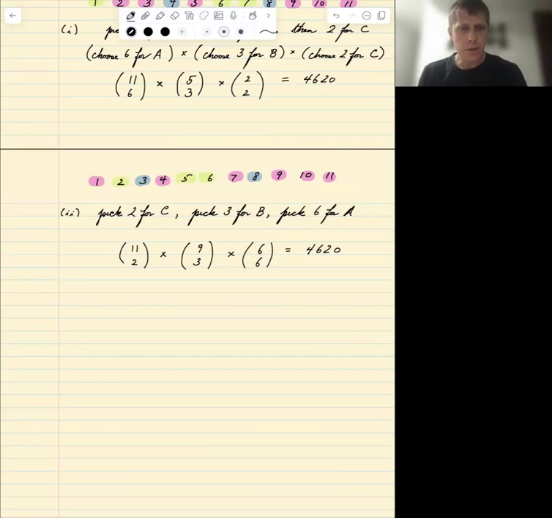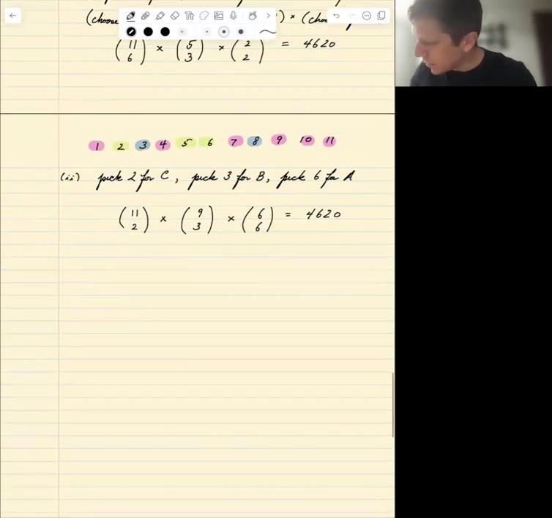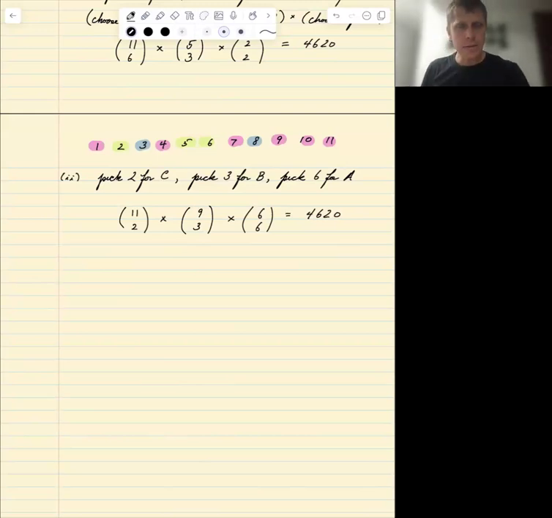let's think about how we're doing this. So this is what's going to give us ultimately a multinomial coefficient. What is the multinomial coefficient? So given K labels, so in this case, the labels are A, B, C, and N balls.